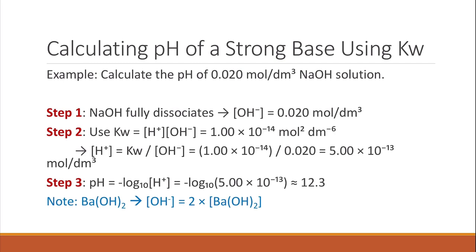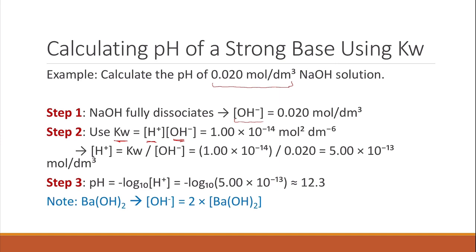Now if we have a base like sodium hydroxide with a certain concentration, like 0.02 mole per decimeter cubed, then the concentration of the hydroxide ion will be the concentration of the hydroxide from the strong base. The hydroxide ion concentration now is not going to be similar to the hydrogen ion concentration. It's going to be the concentration of the base.